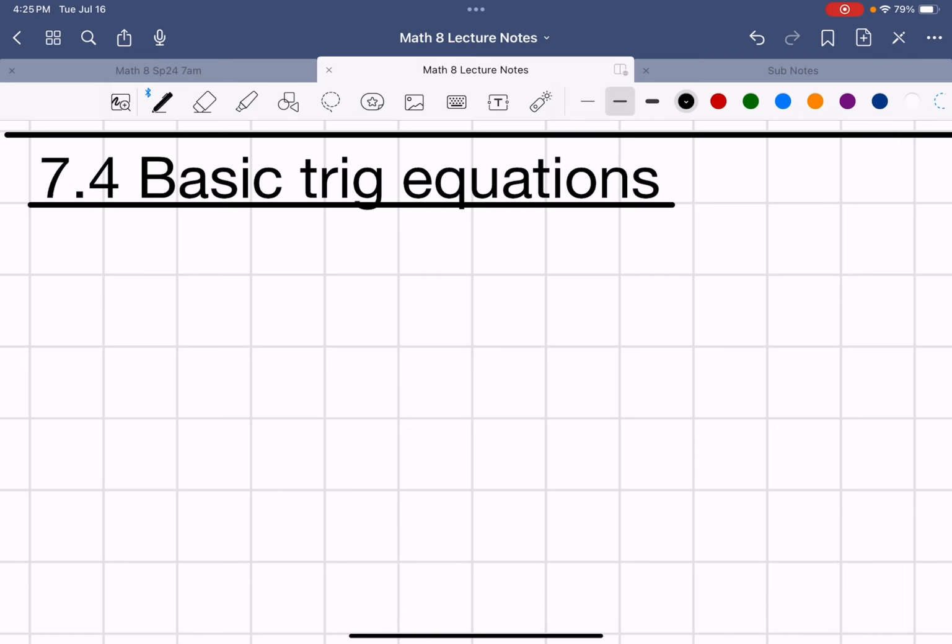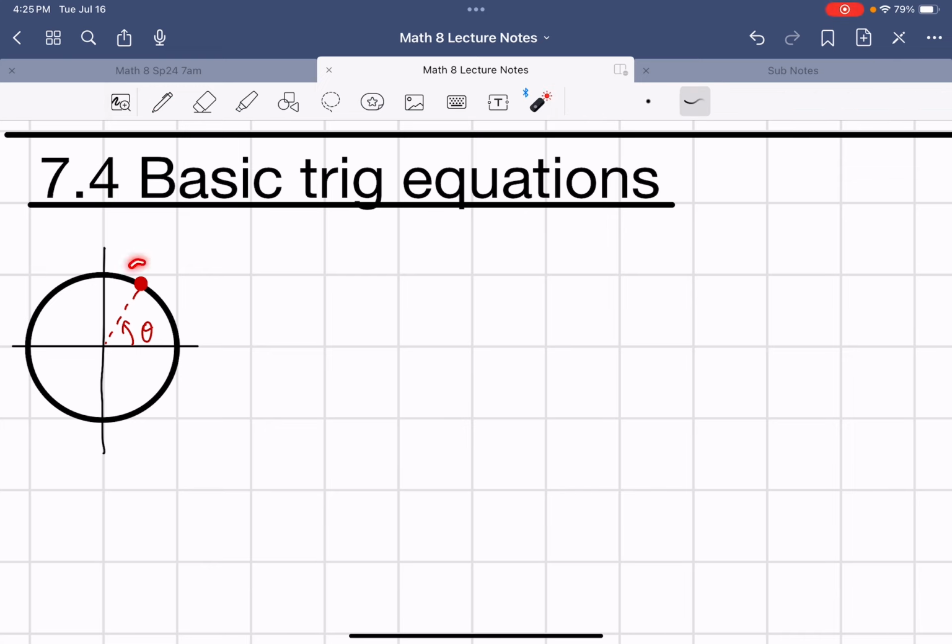So the idea is we're going to be given, right? We're looking at, and we use our unit circle to help us. We're going to be given terminal points, and we have to find the radian. So this point is given, but the radian isn't.